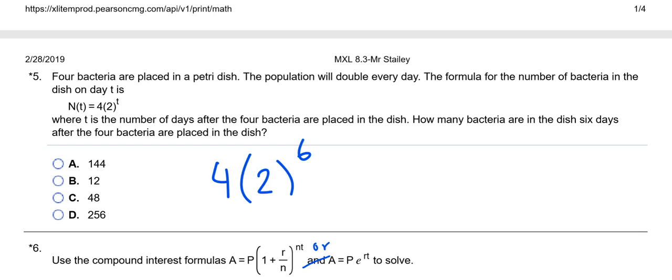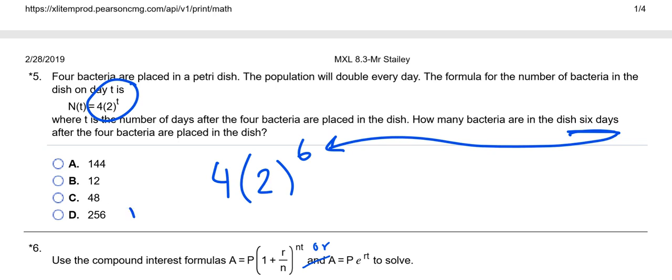Mr. Manko, what'd you get? Nothing. We're typing that on our calculator. They gave us a formula. They told us how many days. 6 days, right? You are correct with the 256.